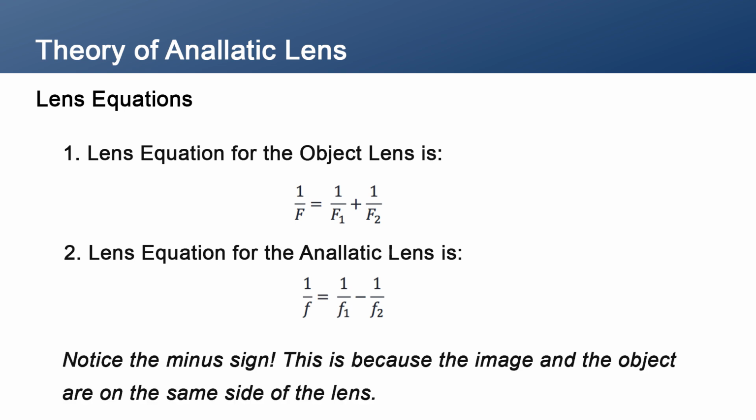Notice a minus sign here. This is because the image and the object are on the same side of the lens. Now, remember, A dash B dash is the old image and AB is the new image. We want to understand the relationship between them.